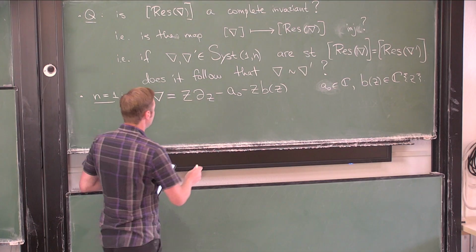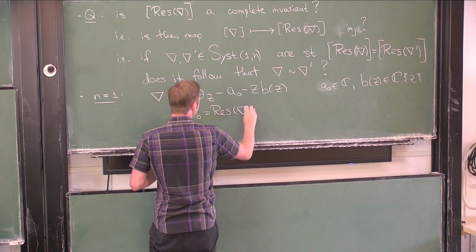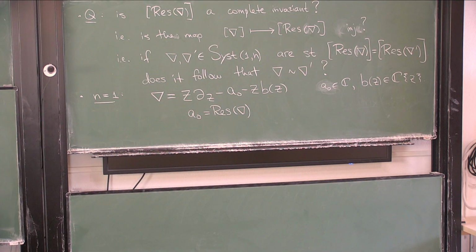So this a naught is the residue matrix, a 1 by 1 matrix, so it's just the residue of this system.